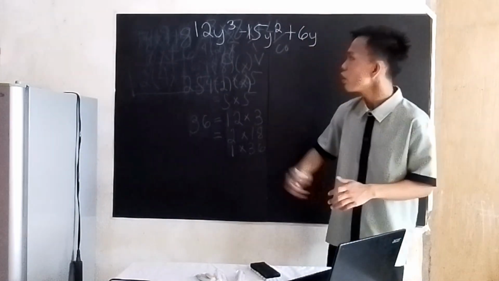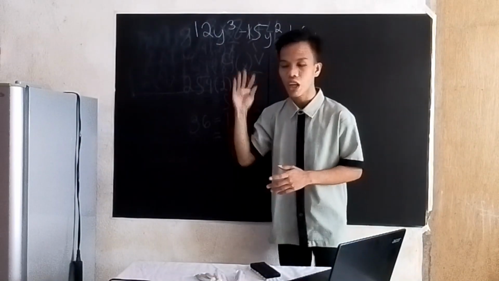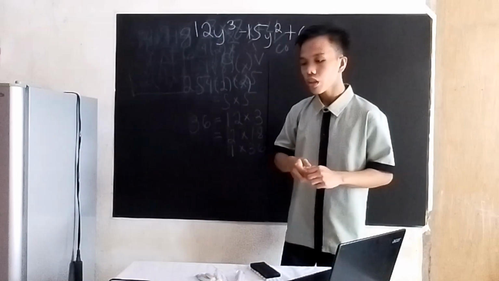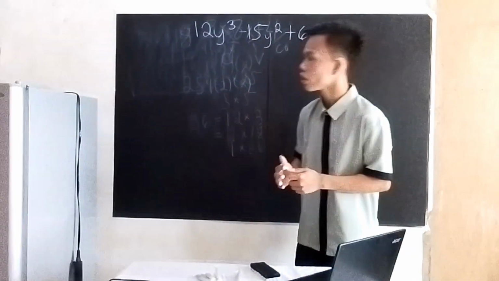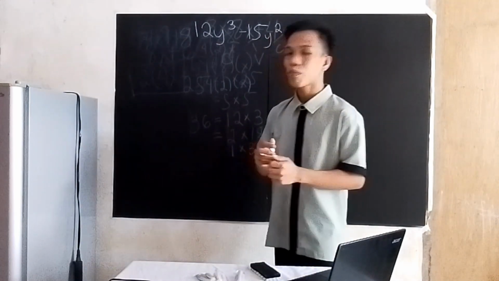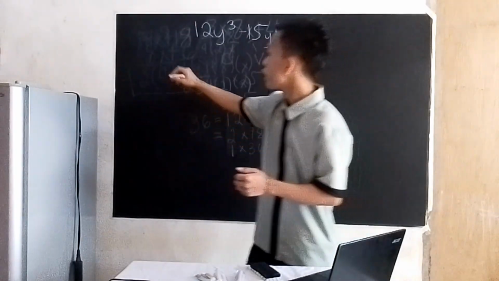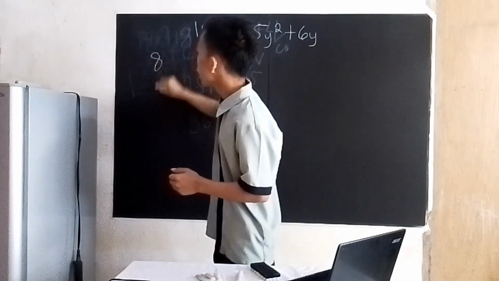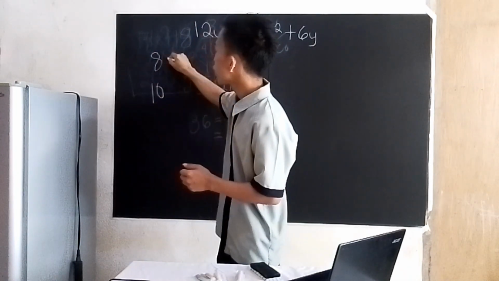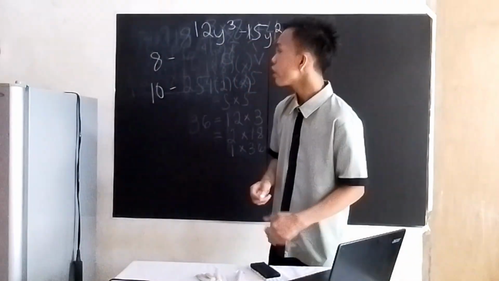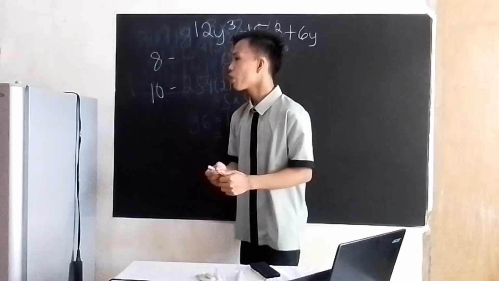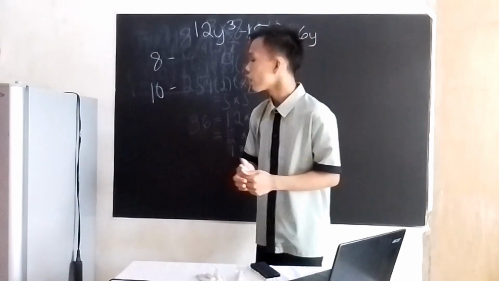Okay. But before we proceed to this example, I will give you an idea on how we are going to deal with this equation. So, for example, you have 8 and 10. A while ago, we thought of a number that when we multiply, the result is 8.